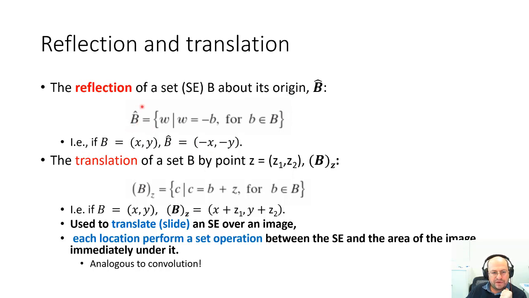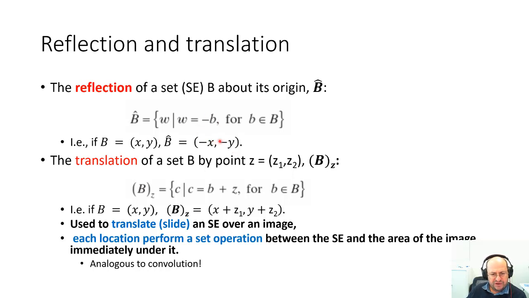So if B-hat is the reflected structuring element, it's every element w that composes B-hat, so that w is the negation of b. So now if b is the element x and y, then the reflected B will be minus x and minus y.